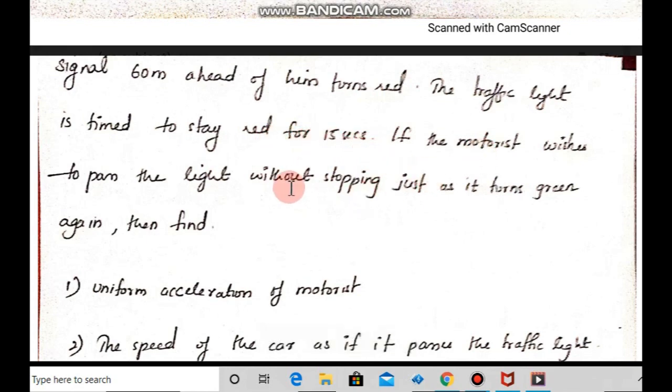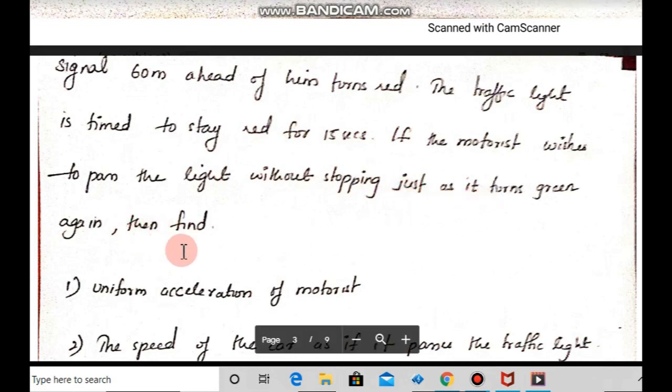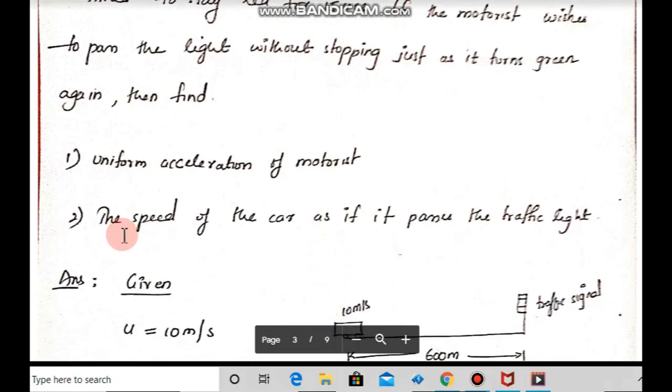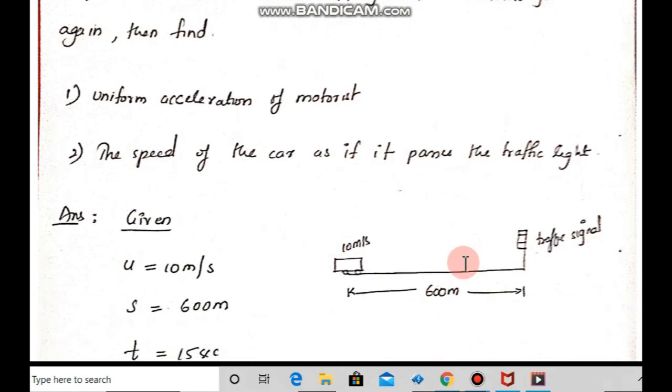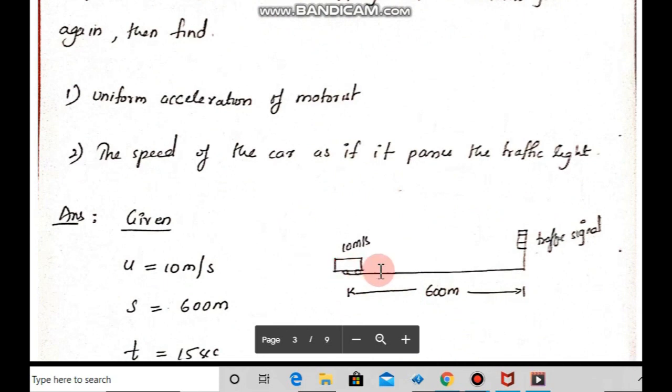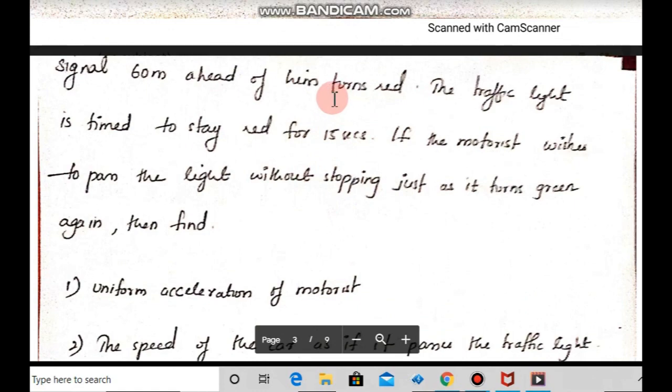If the motorist wishes to pass the light without stopping, just as it turns green again, then find the uniform acceleration of the motorist and the speed of the car as it passes the traffic light. So the question is clearly given. So the car is moving from here and the velocity is 10 meter per second. It's clearly given, and he can see a traffic signal 60 meter ahead. So I have drawn the picture here, showing the traffic signal, and one sentence given here is, it turns red.